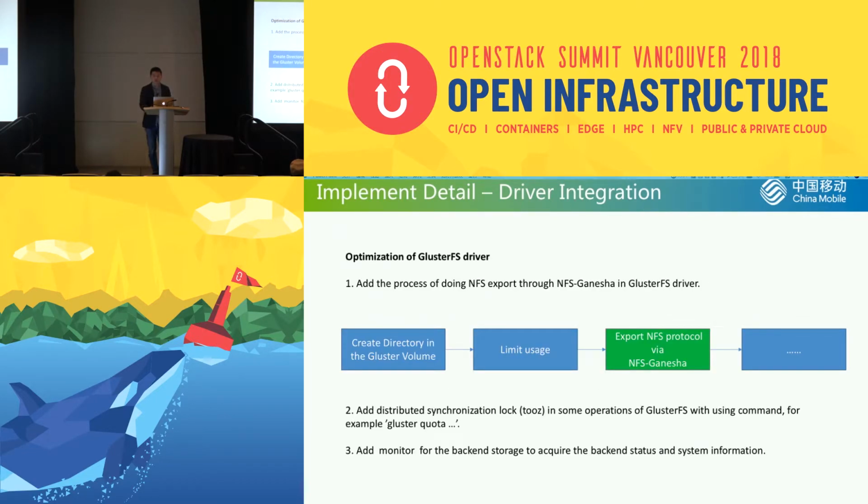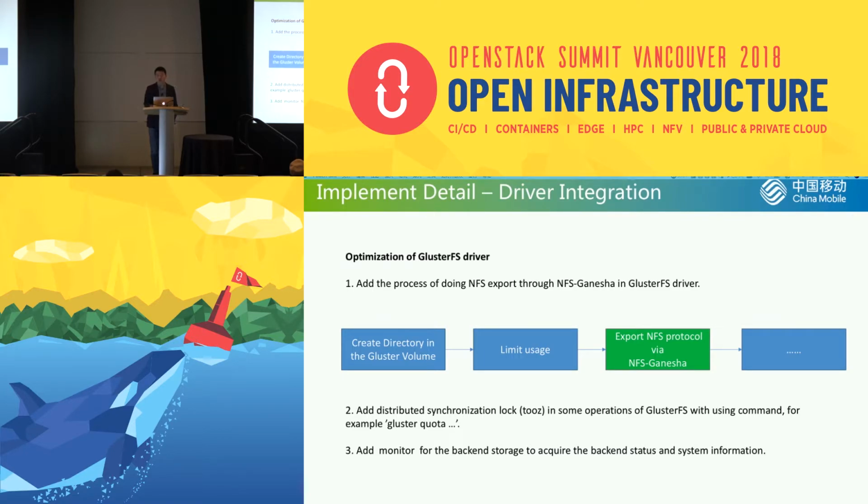The optimization of the GlusterFS driver mainly focuses on these three aspects. As we use NFS-Ganesha, we add the process of doing NFS export through NFS-Ganesha in GlusterFS after limiting the directory usage. Add a distributed synchronization lock in some operations of GlusterFS that use commands, for example, cluster quota, and so on.